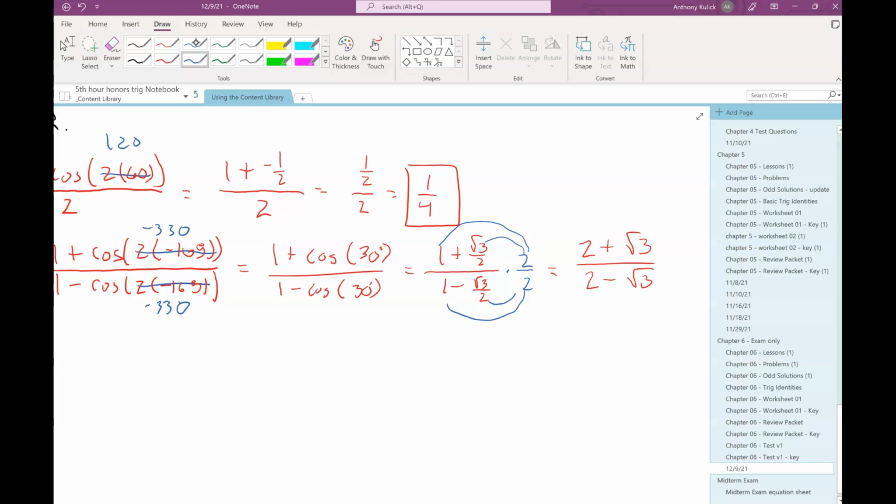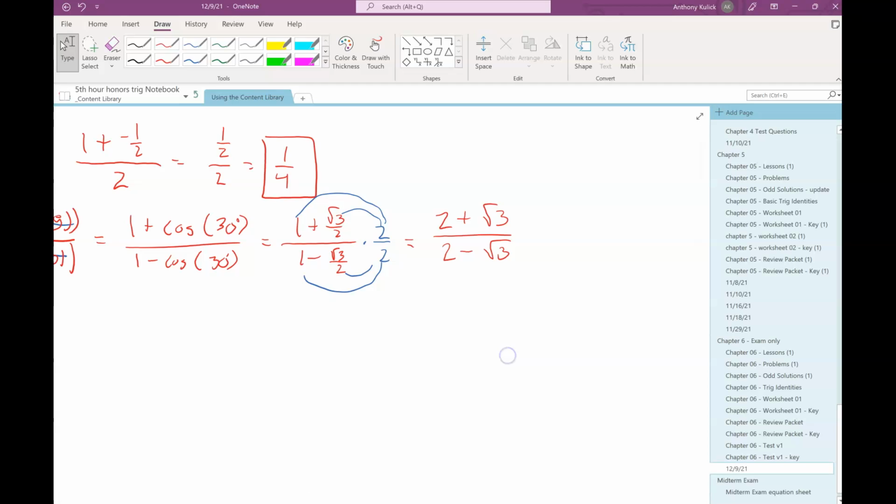Now, is this answer a good place to leave it? We can do better than this. What's wrong with this? Got a radical in the denominator, right? We typically don't want to leave an answer with a radical in the denominator. So what are we going to do to get the radical out?